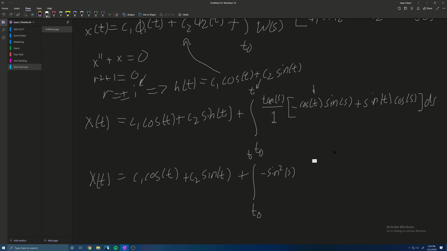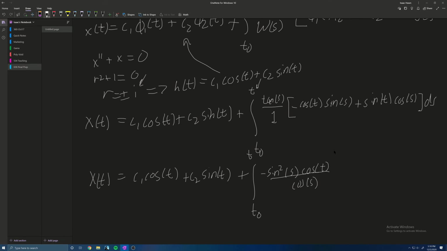So I think once we simplify this part, we're going to get sine squared of s, cosine of t, I'm all messed up here. Sine squared of s, cosine of t, and then we have a cosine of s in the bottom because of the tangent. Cosine of s, and then I think this part would cancel a little bit nicer.